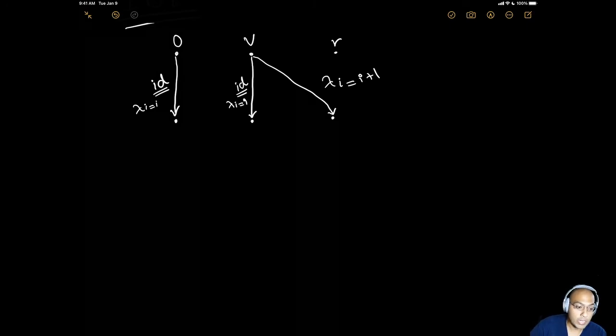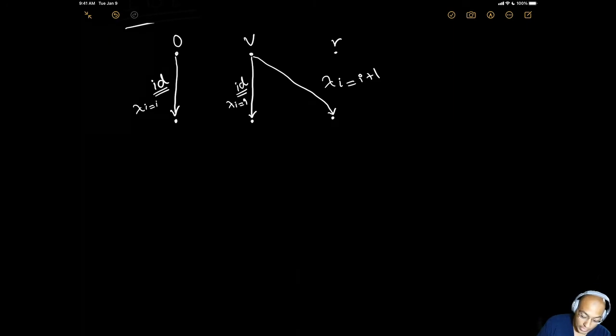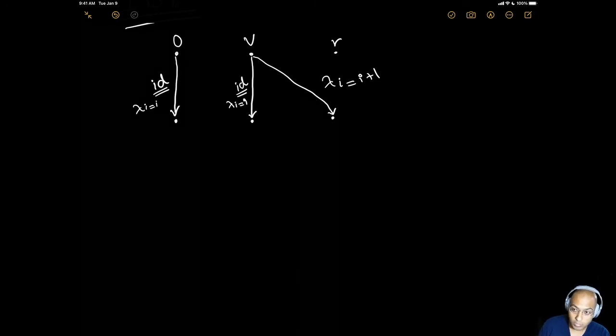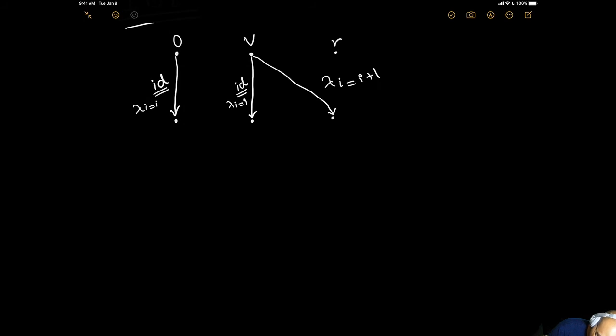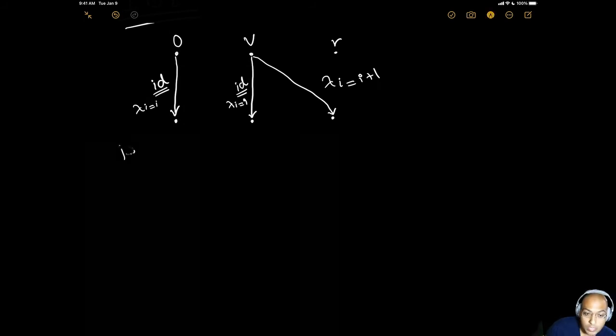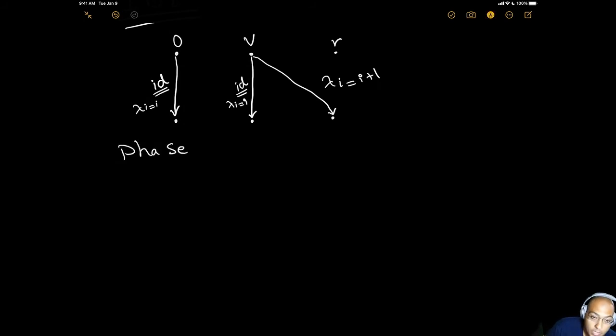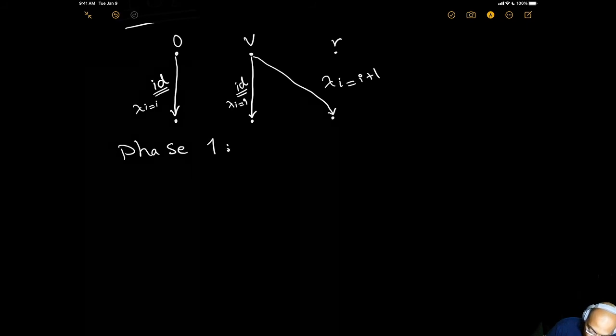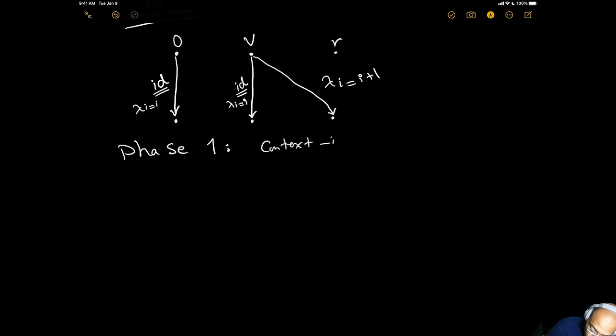So in IDE, the algorithm operates in a slightly different way. Instead of one go, it operates in two phases. Phase number 1 is the following: create context independent information.